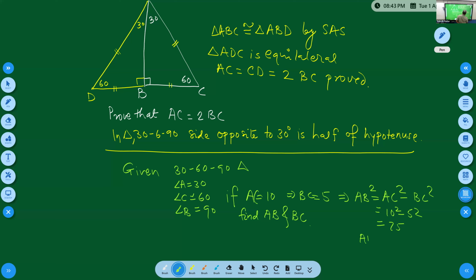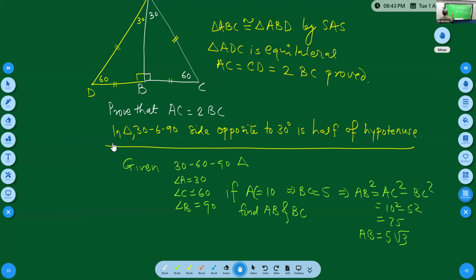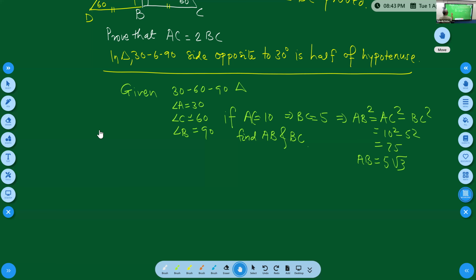So AB is equal to 5√3. So in 30, 60, 90, if we get one side, we can find out the remaining two sides orally.